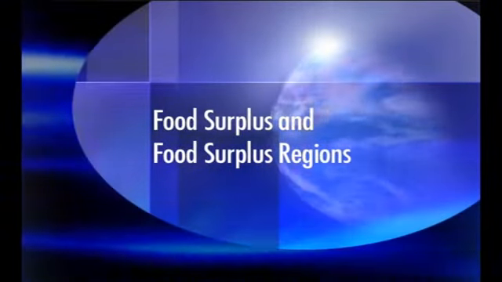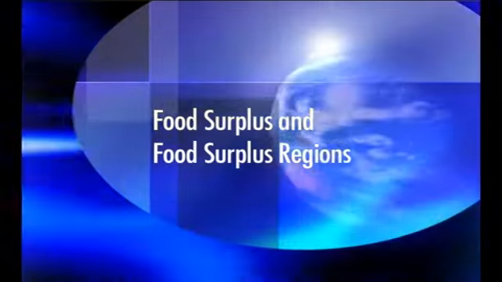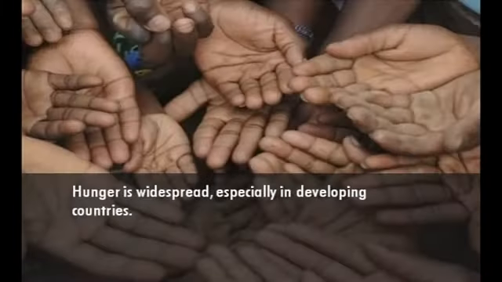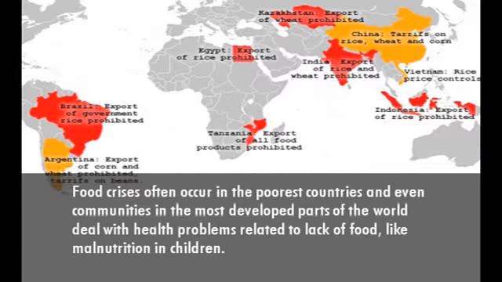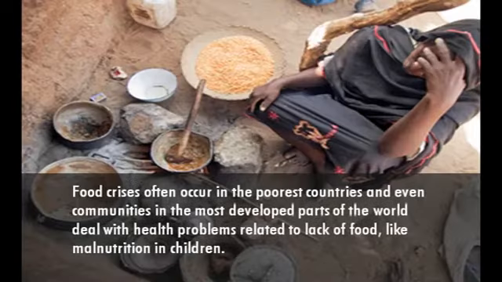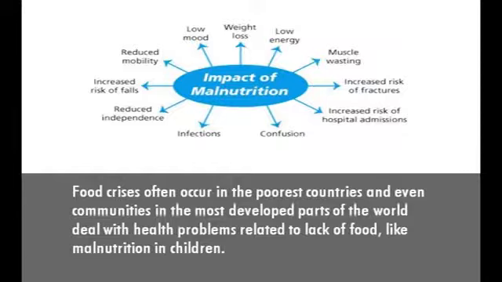Food surplus and food surplus regions. Hunger is widespread, especially in developing countries. Food crises often occur in the poorest countries, and even communities in the most developed parts of the world deal with health problems related to lack of food, like malnutrition in children.